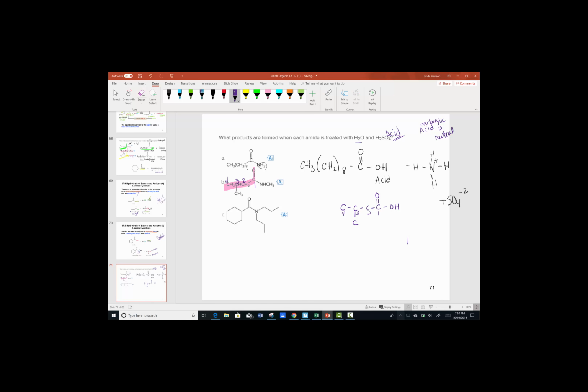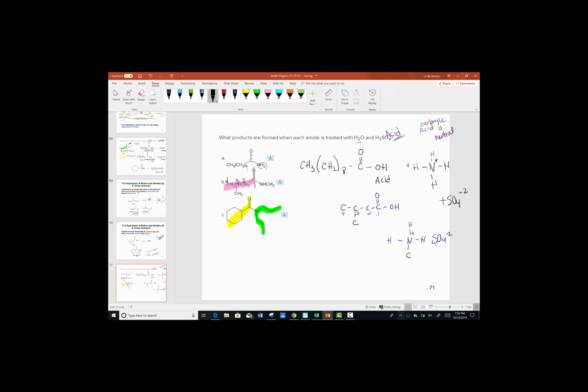And this time the nitrogen would have a methyl group associated with it and have that positive formal charge, left with the sulfate nearby. Whoops, I forgot one of these. And here I'm recognizing a tertiary amide, and on this side we have the acid.